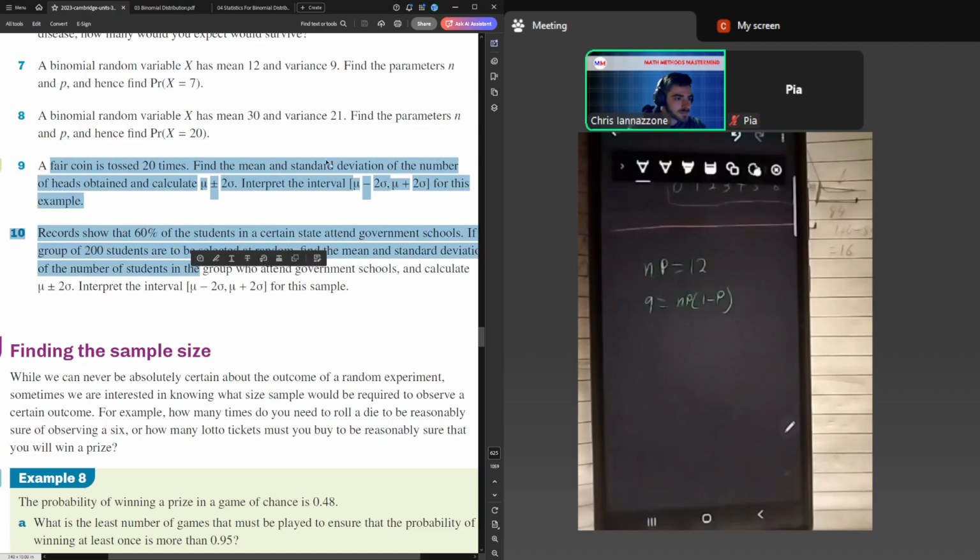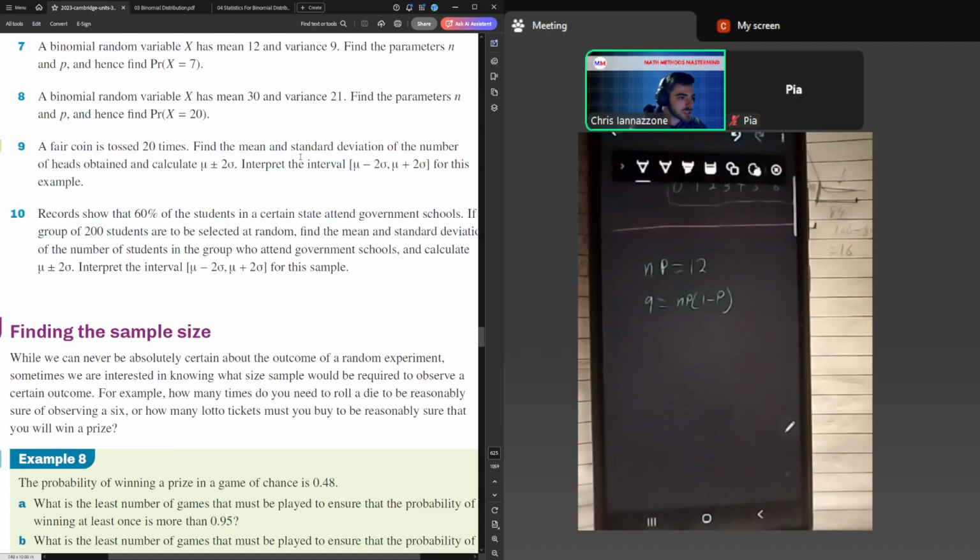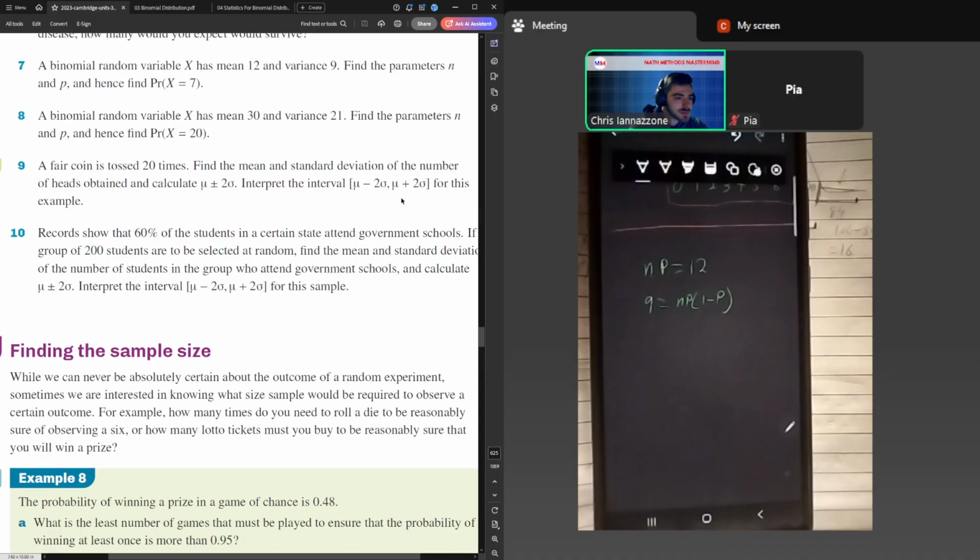That's all this is. So if we have a look at question 9, basically put, if you want to get your mean and standard deviation, you need to know your n and p. So what's n and what's p in this scenario? Question 9.